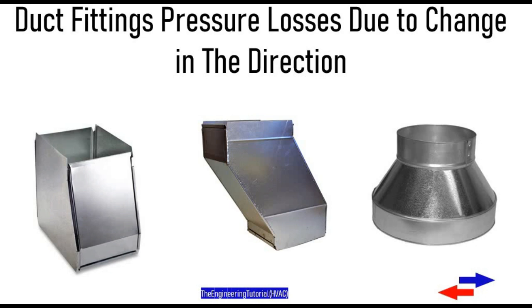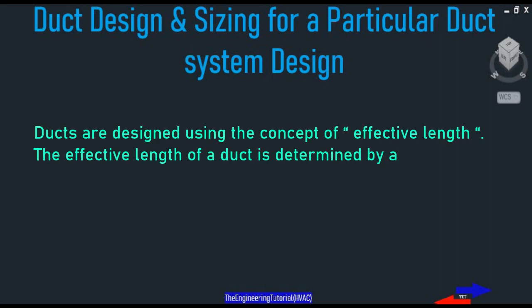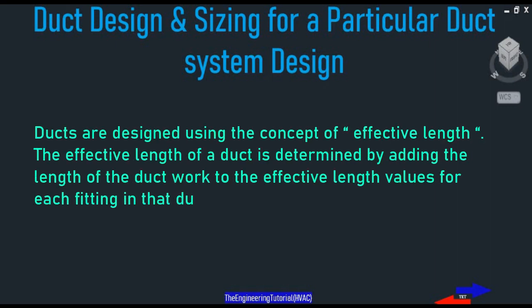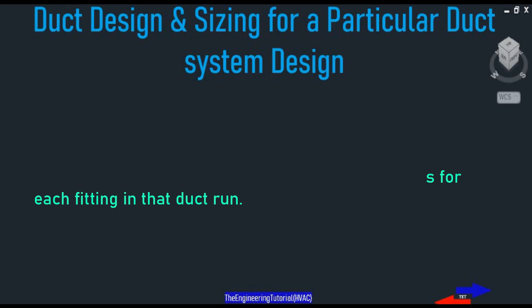Every fitting will have a pressure loss. When air passes through a reducer or an elbow, it will experience an increase in resistance. Ducts are designed using the concept of effective length. The effective length of a duct is determined by adding the length of the ductwork to the effective length values for each fitting in that duct run.